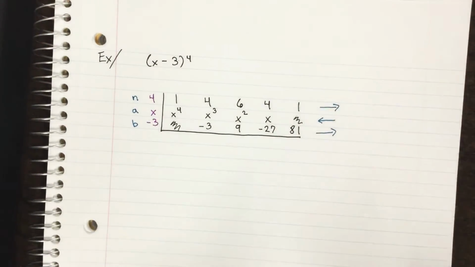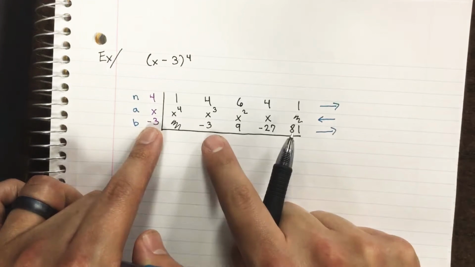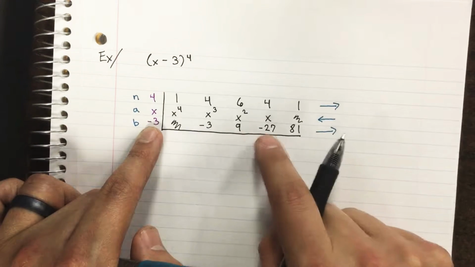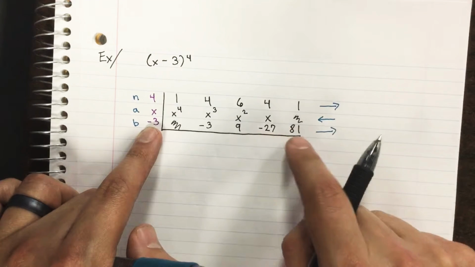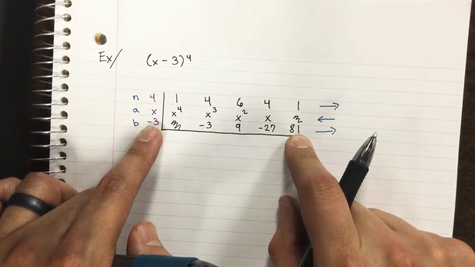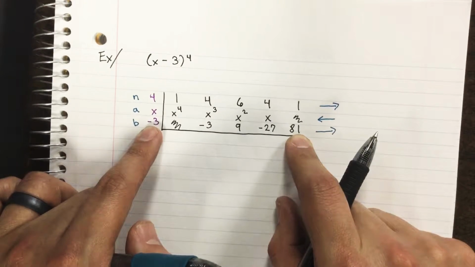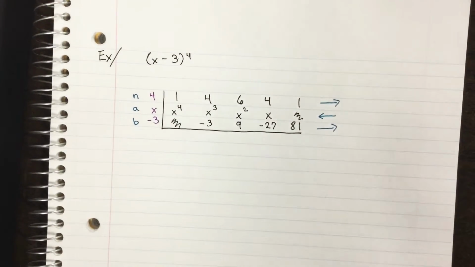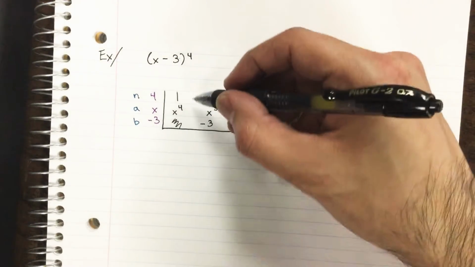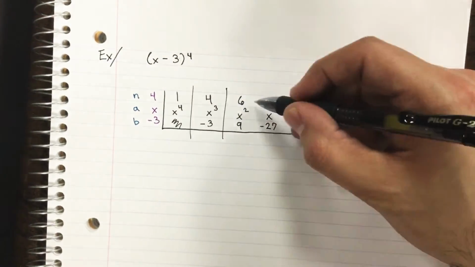Positive 81, right? It's the same thing as saying -3 to the 1st power, -3 squared, -3 to the 3rd power, -3 to the 4th power. But we don't have to even write that out because we could just do the math. The last step is just going to be multiplying straight down, okay? So this is where I'm looking at my columns.